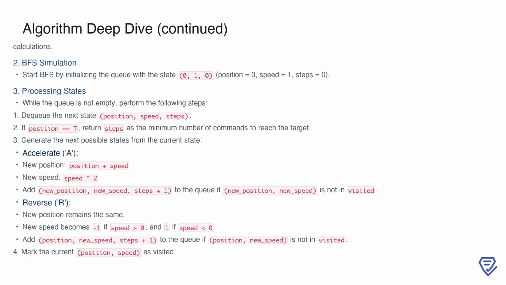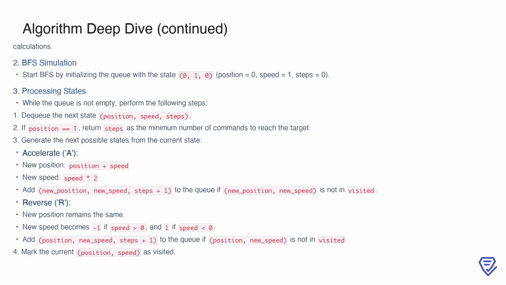As long as the queue is not empty, we process each state by dequeuing it and checking if the current position matches the target t. If it does, we immediately return the number of steps as the solution. For each dequeued state, we generate two possible next states. The first is the result of the A command, where the car moves forward based on its current speed and doubles its speed for the next step.